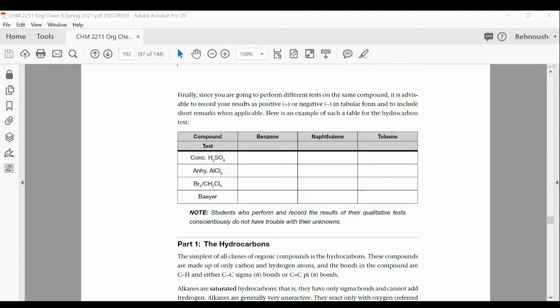And because I promised, I'm going to give more time for submission of this lab notebook assignment. Let me see what time.